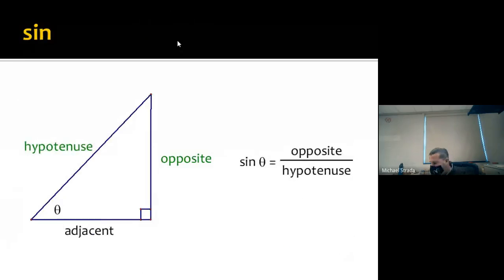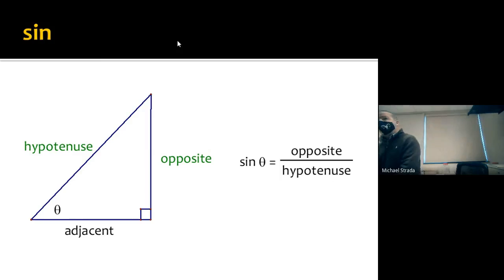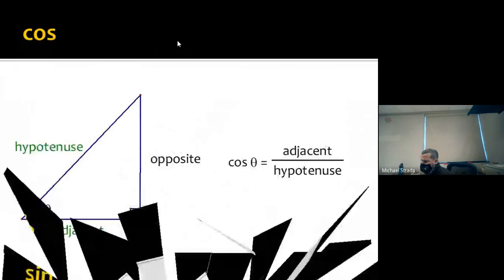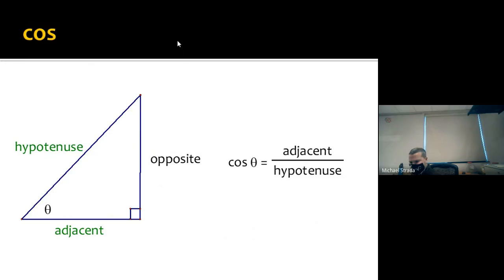Sine is defined as opposite over hypotenuse. If you want to abbreviate opposite and hypotenuse with OPP and HYP, that's fine. Good? Cosine is adjacent over hypotenuse.